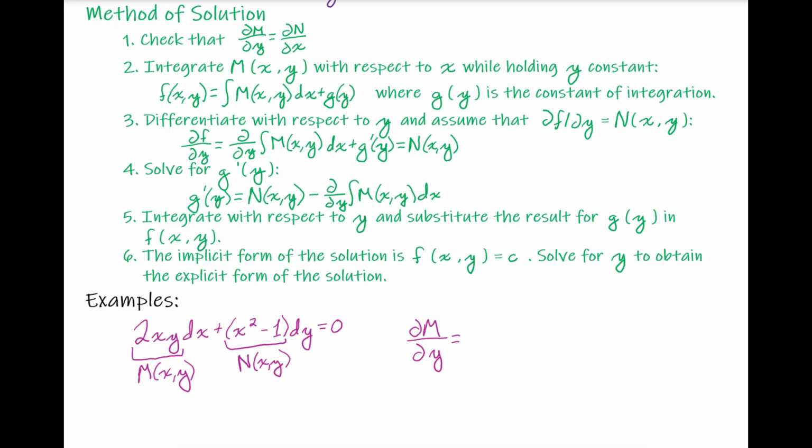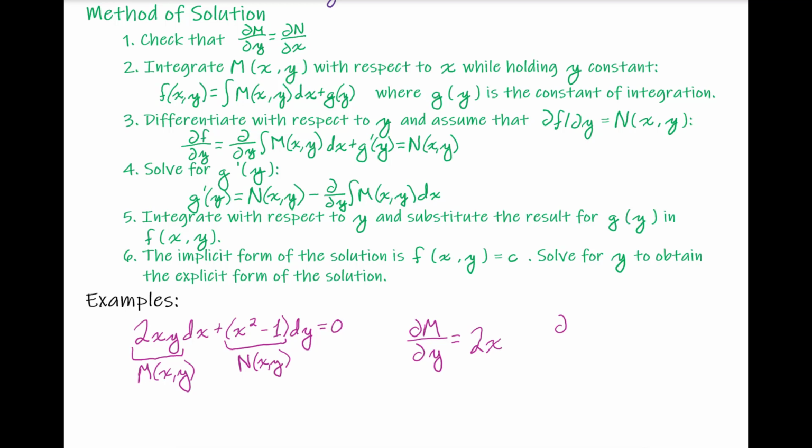So in this case, I have basically a constant of 2x times my variable y. Well, the derivative of a constant times y is just that constant. So this is going to equal 2x.